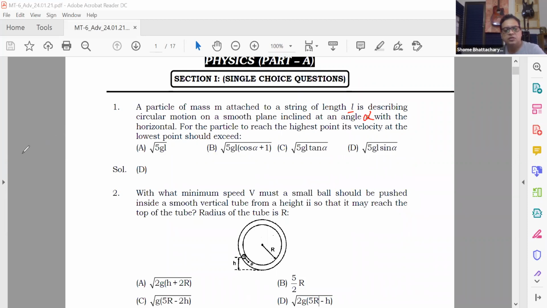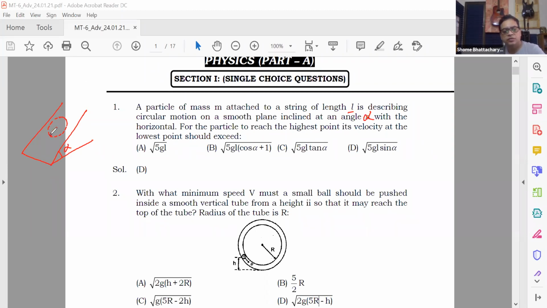So this is like an adaptation of vertical circular motion. In such a smooth plane, it is doing circular motion. Understood, Nashika? So the force that is acting along this direction is mg sine alpha.